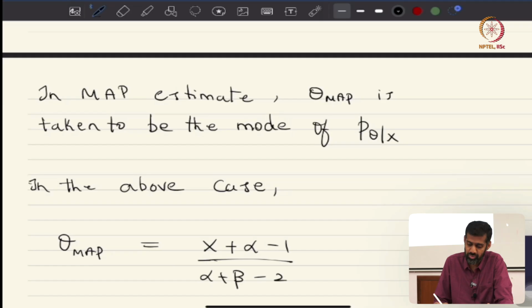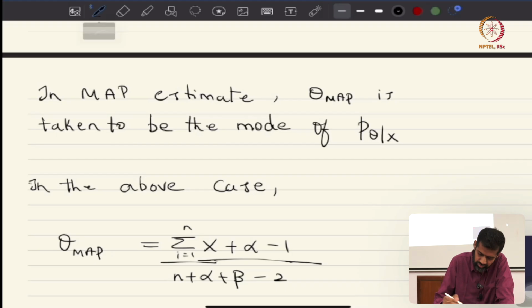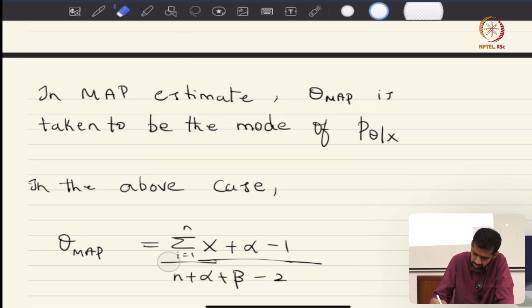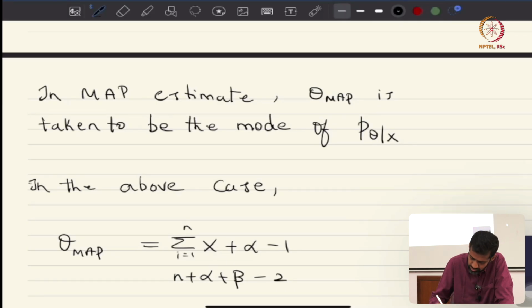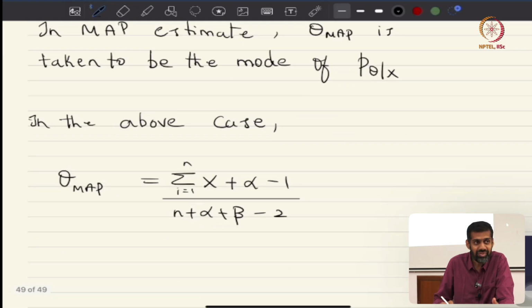Now this is for one data point, right? So suppose we have n data points, there will be a sum in the numerator, and in the denominator you will have an n term. Now compare this with the ML estimate.